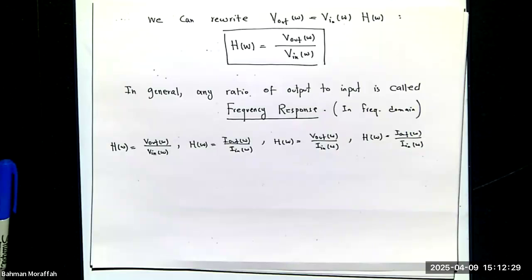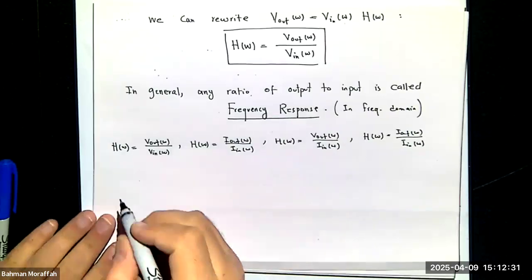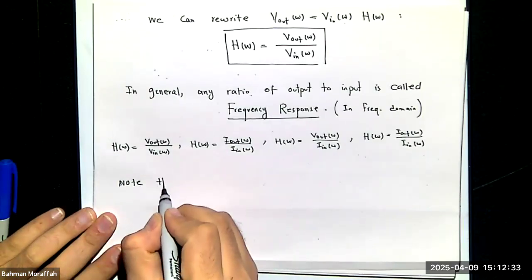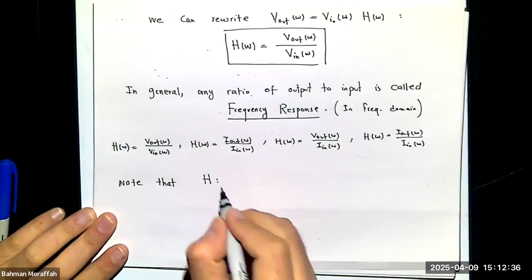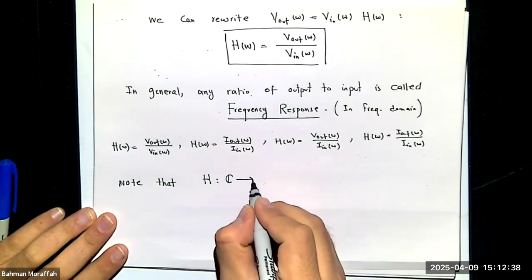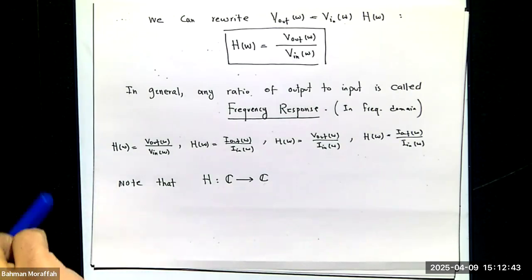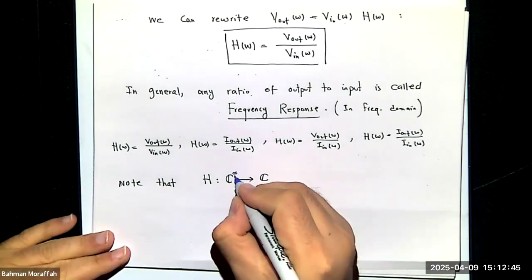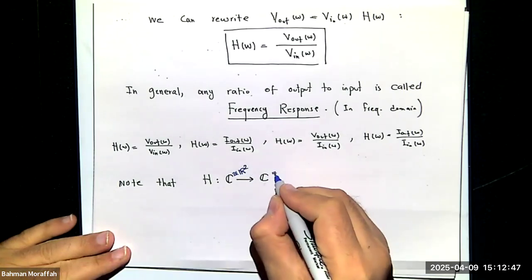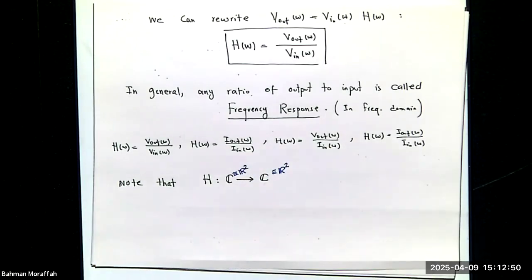So note that this h of omega is basically a function from complex numbers to complex numbers, right? And we said complex numbers are very, very similar to R2, right? So this function is going from R2 to R2, right?